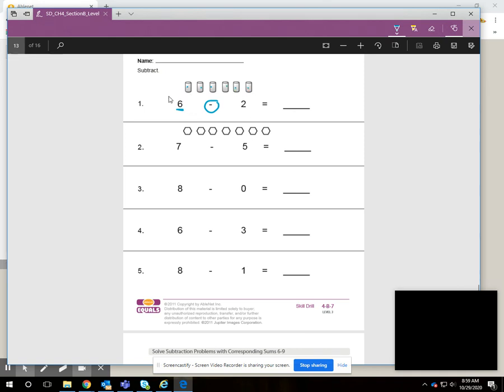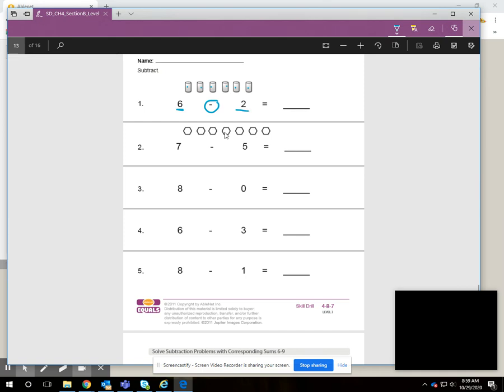So when we do addition, we're going to start with the first number, and that's how many objects we have. We are subtracting, we're not adding today. We're going to take some away. So minus 2. So how many do we need to cross out?